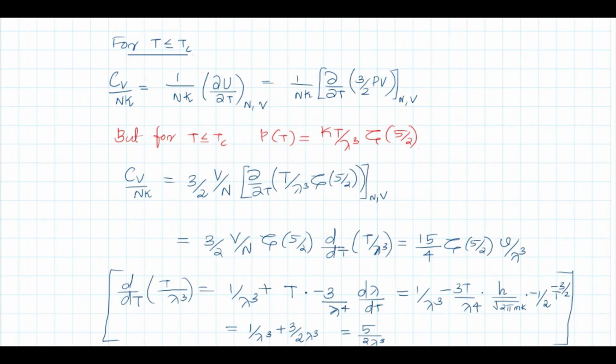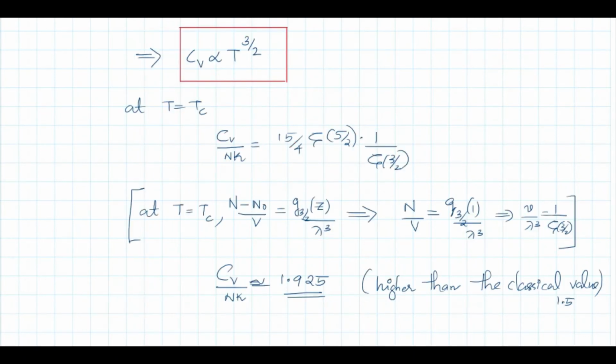So you can substitute the value of λ here and take the derivative with respect to T. You will get something like this, and substituting this value here, you will get 5/2 λ³. Substituting for d/dT of T/λ³, you get 15/4 g 5/2 V/λ³.